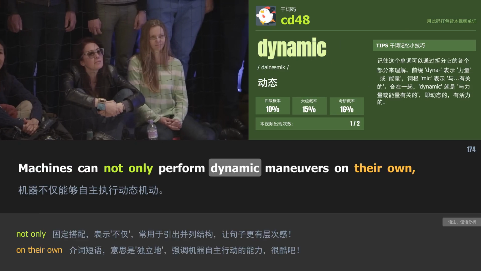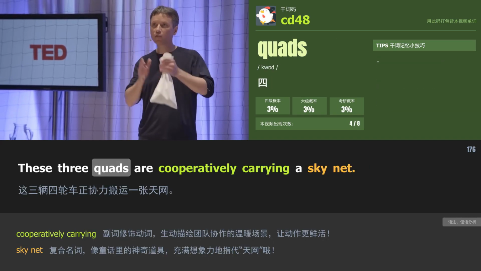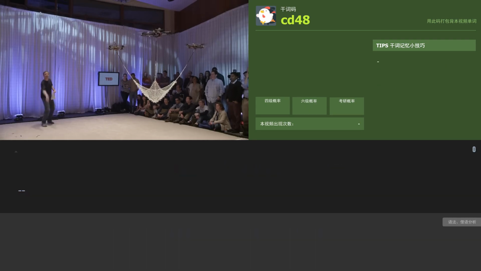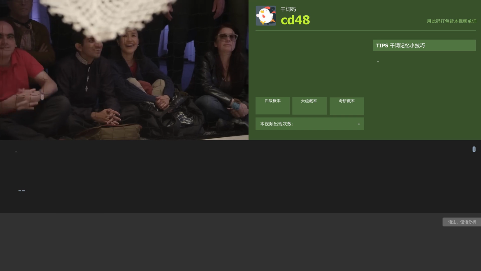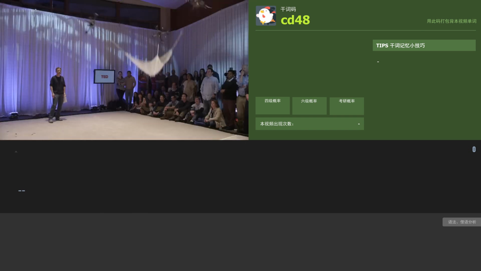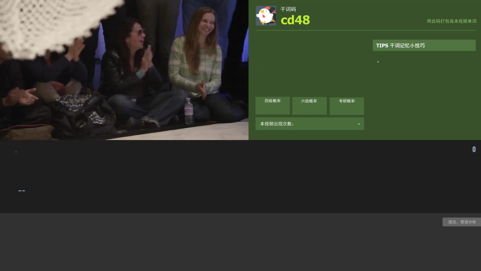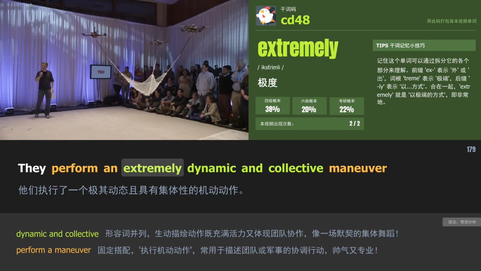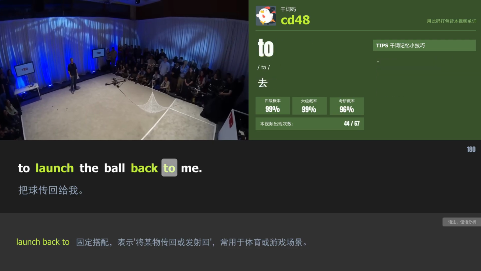Machines can not only perform dynamic maneuvers on their own, they can do it collectively. These 3 quads are cooperatively carrying a Skynet. They perform an extremely dynamic and collective maneuver to launch the ball back to me.